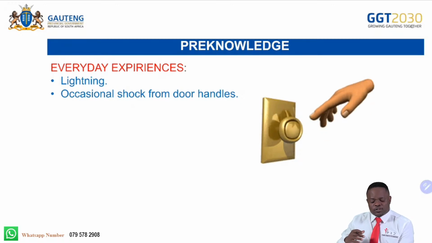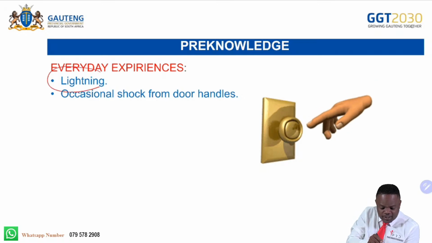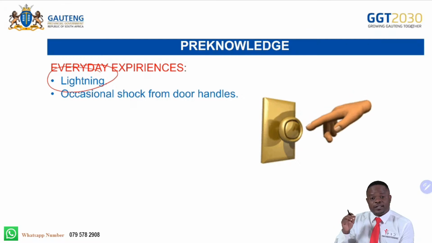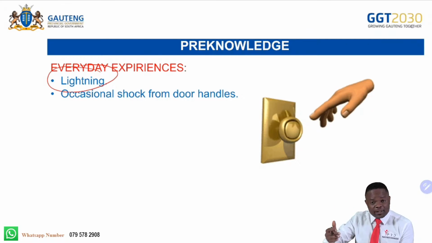At a large scale, think of lightning. When lightning strikes, it is also a discharge, or a current of electrons, due to an imbalance which came about as a result of friction.